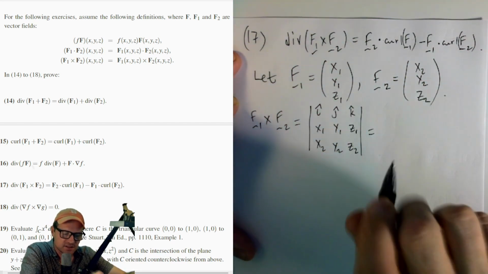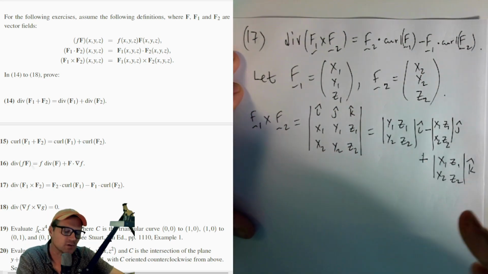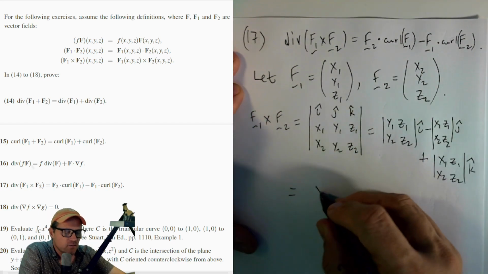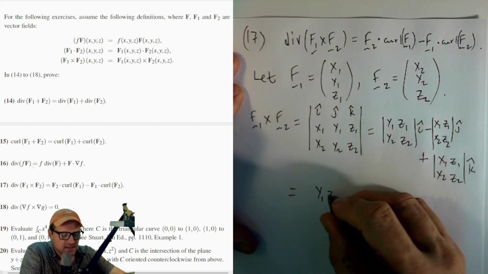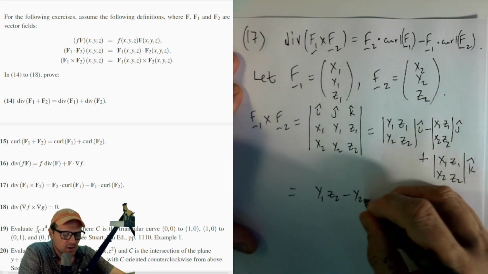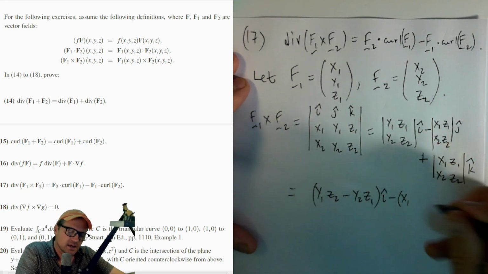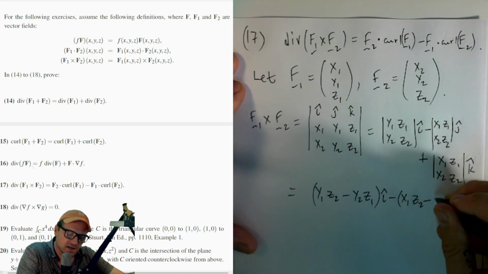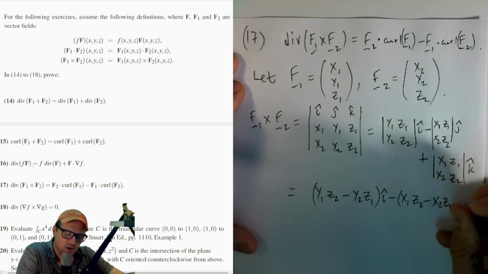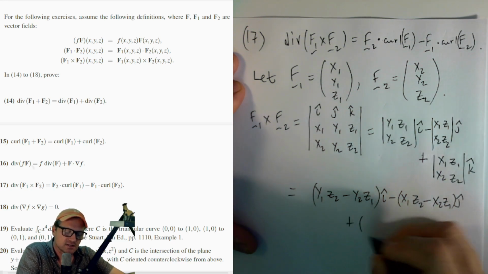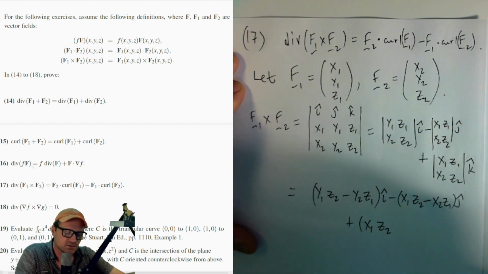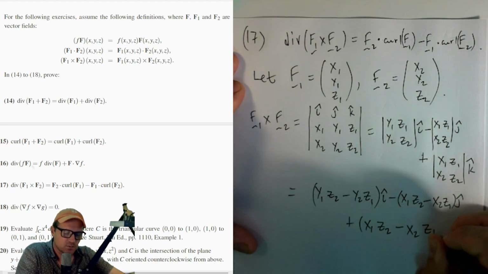Expanding this determinant, we have this. Now simplifying, we have (y1 z2 minus y2 z1) i hat minus (x1 z2 minus x2 z1) j hat plus (x1 z2 minus x2 z1).